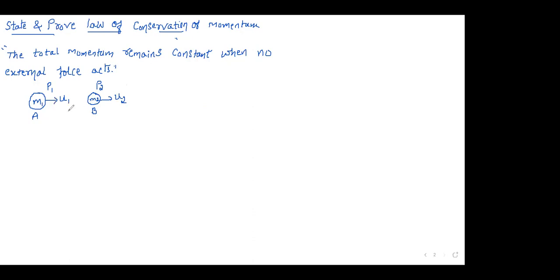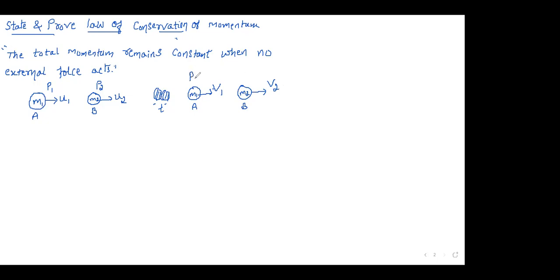Students, if these two bodies collide for a moment, t seconds, then the first body is going to move with the velocity v1. The second body of mass m2 is moving with the velocity v2.